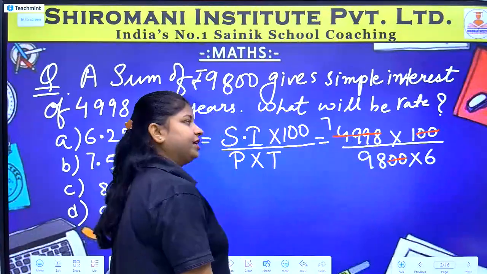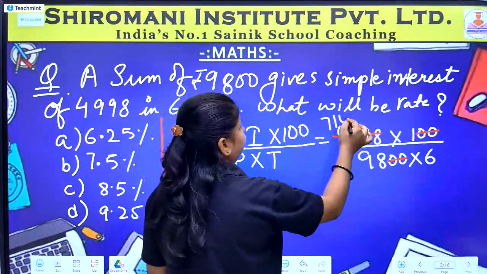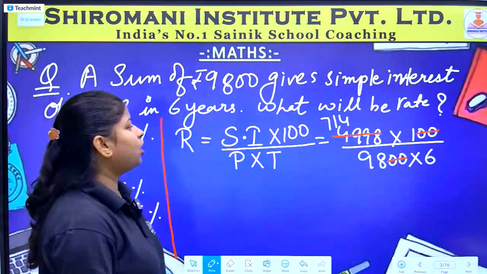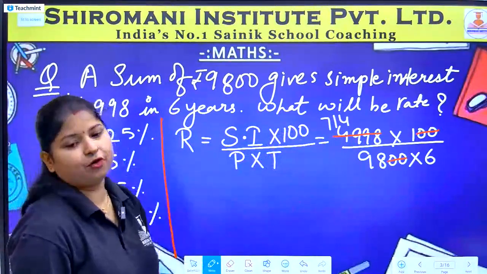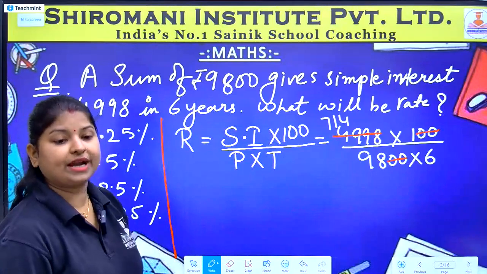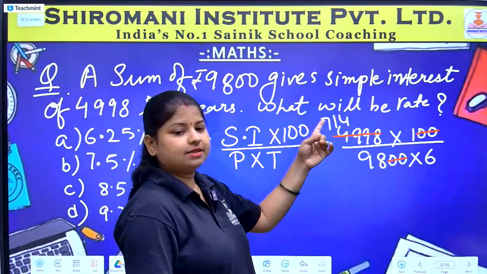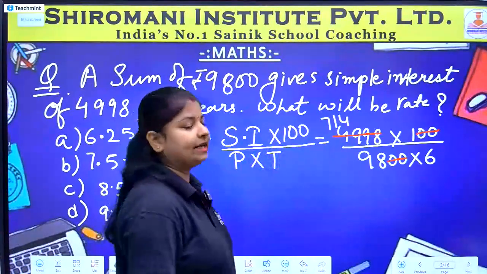7 times 49, 1 times 7 and then 4 times 28. So 714. When you divide 4998 by 7, you get 714.